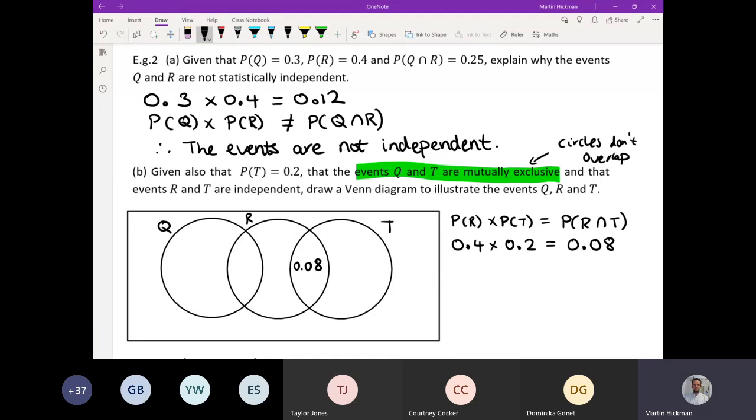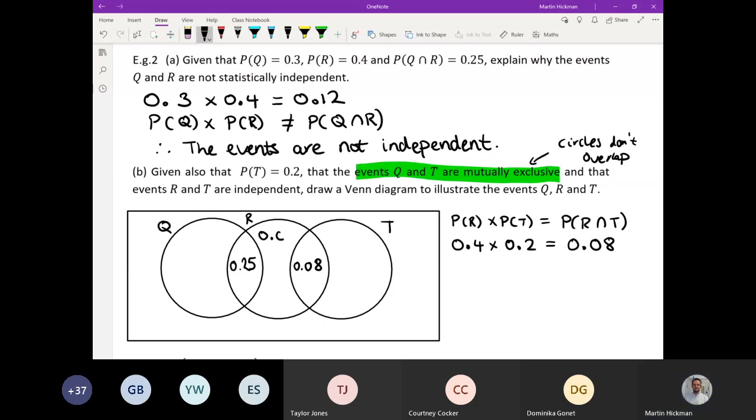So let's fill in some other parts on this Venn diagram. From part A, I'm told the probability of Q and R is 0.25, so I can put in that 0.25 where Q and R overlap. I'm also told the probability of R is 0.4, so everything in that circle for R has to add up to 0.4.